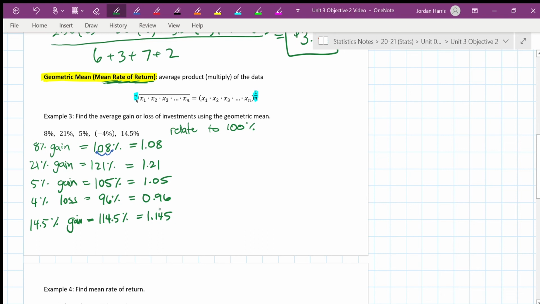In this case, I have 5 items, so I'm going to take the 5th root. So multiplying all of them together on the inside. This is where you'll definitely want a calculator.